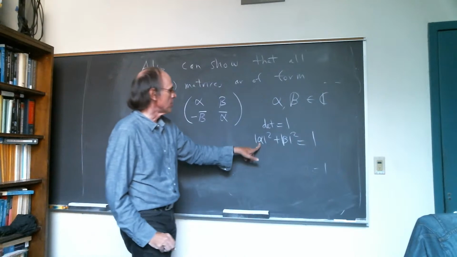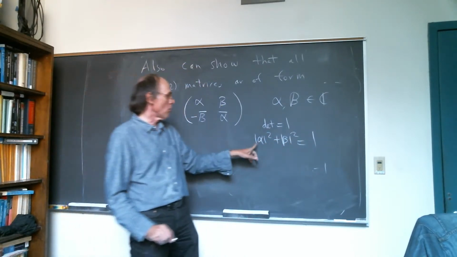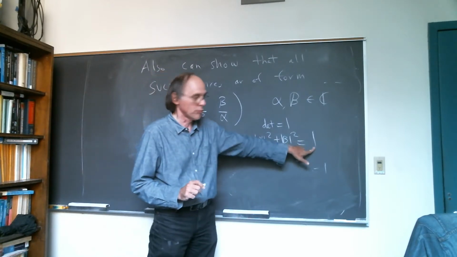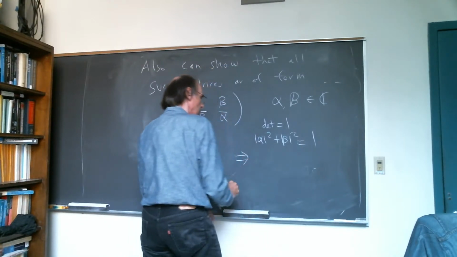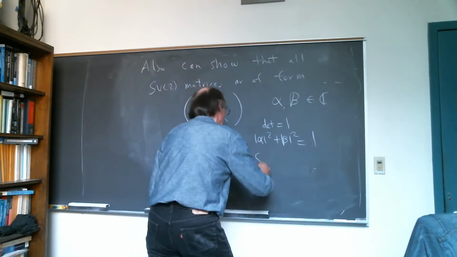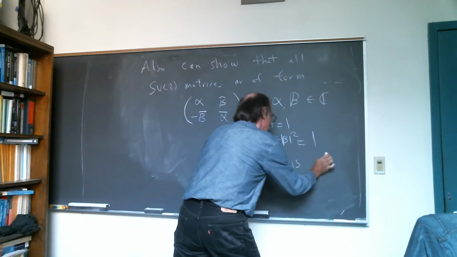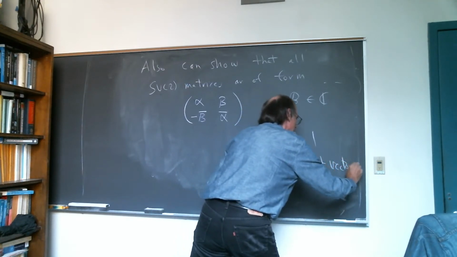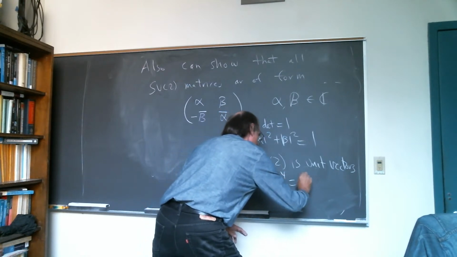And so these are sets of 2 complex numbers, so they're 4 real numbers. So what we've claimed is that the sum of the squares of 4 real numbers has to be equal to 1. So this implies that SU2 is the unit vectors in R4, or C2.